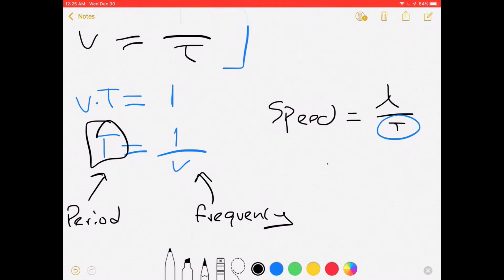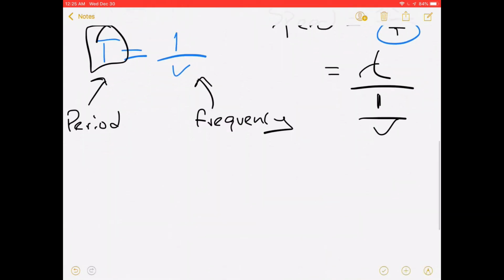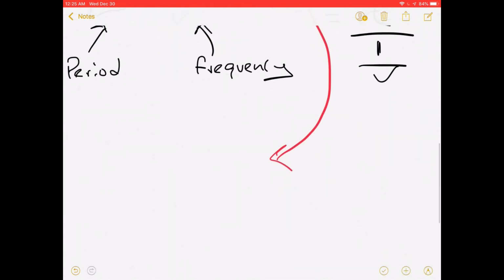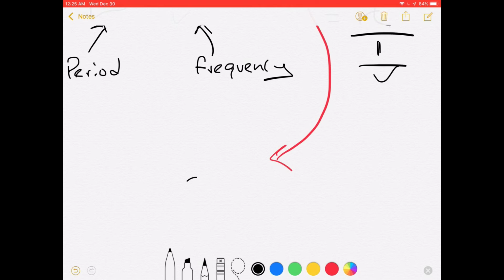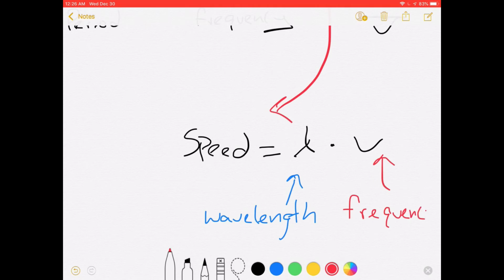So what I'm going to write here instead is lambda over 1 over v. Now, if we simplify this equation, what we can see is that speed equals lambda, wavelength, times v. So, in other words, the speed of a wave is equal to its wavelength times its frequency.